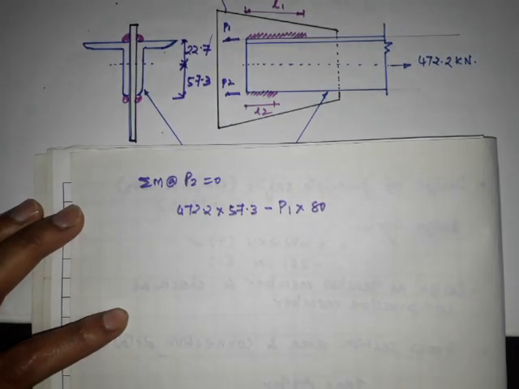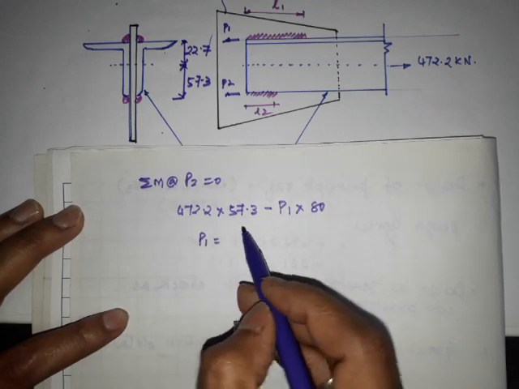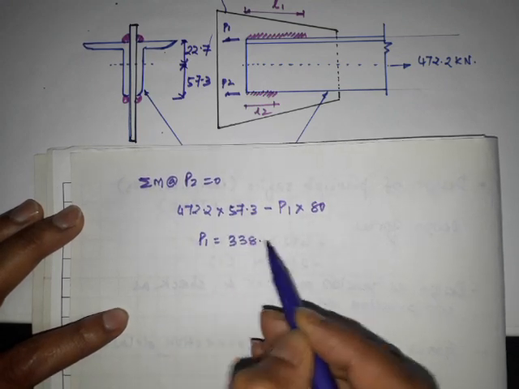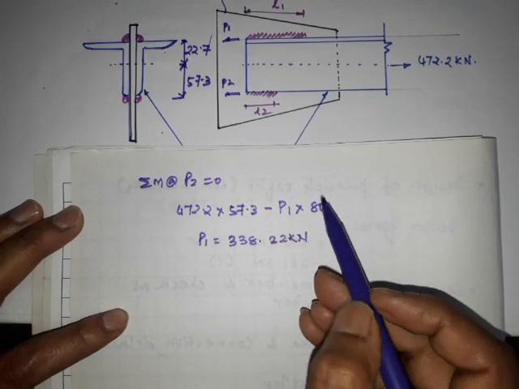From this we get P1. So P1 we get 338.22 kilonewton.